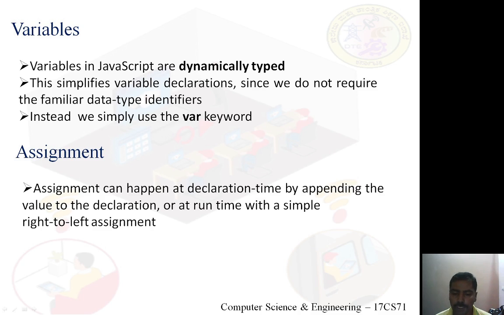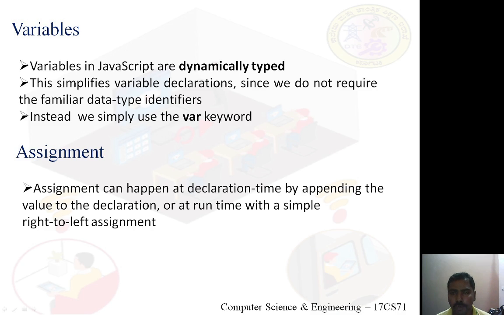But in JavaScript, we don't have such data types. I mean to say, we don't have explicit identifiers for data types like float, char. So we call JavaScript a dynamically typed language, because we don't have int, char, float.